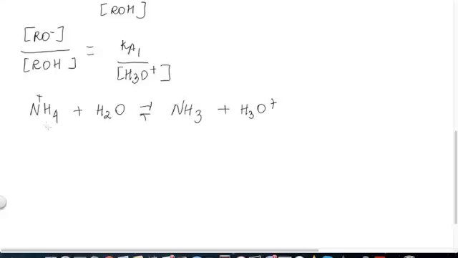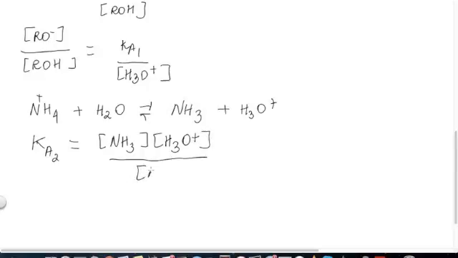For this process, Ka, which we will call Ka2, is equal to concentration of ammonia times concentration of H3O plus divided by concentration of NH4 plus cation. And this value is equal to 10 to the negative 9.